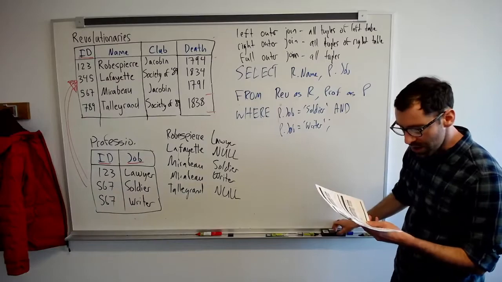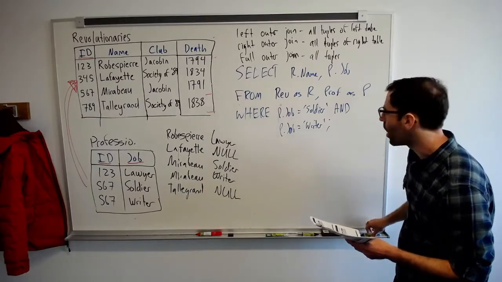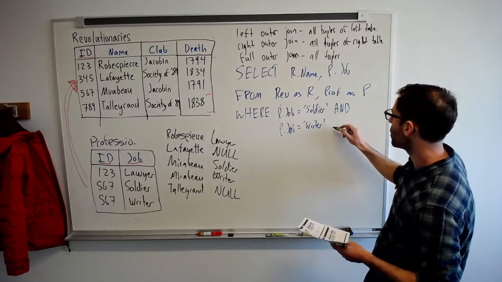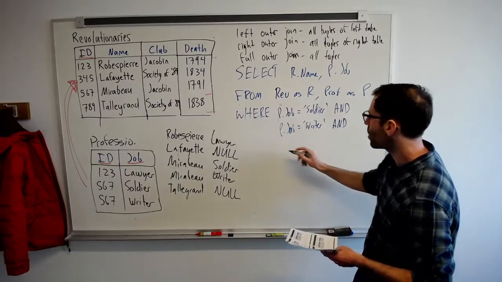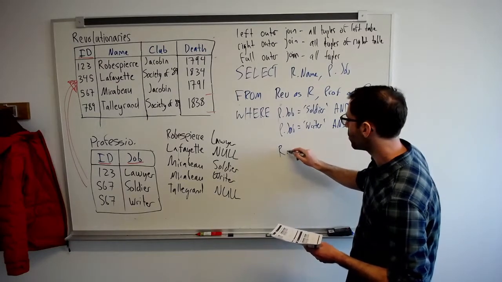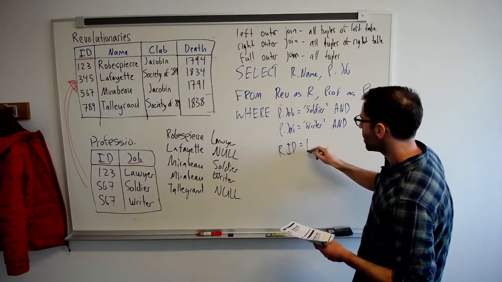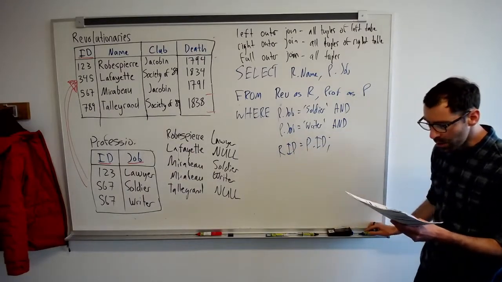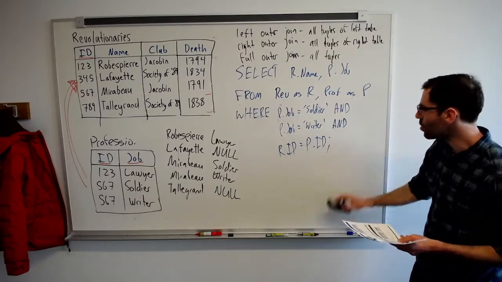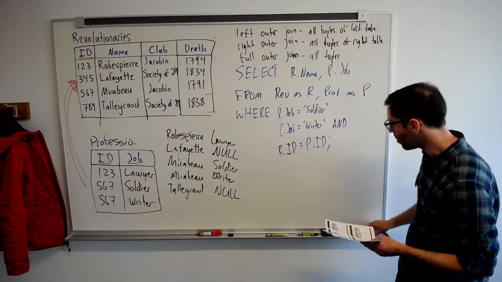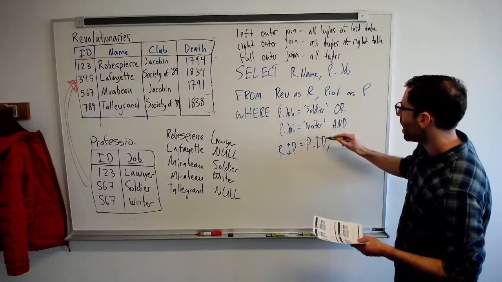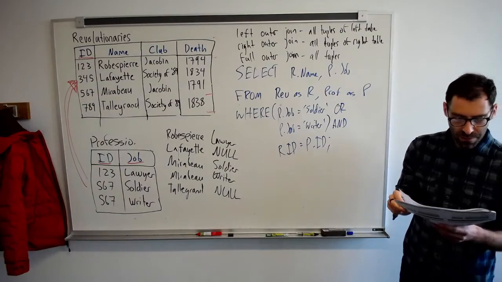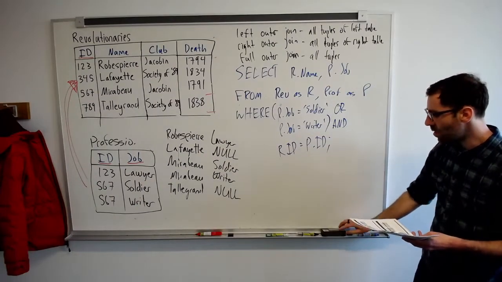So we might say, well, we also need, of course, for this join to work, to tell it that the IDs should be equal. So could we just say it's soldier or writer, and then parenthesize this so that it gets evaluated correctly?